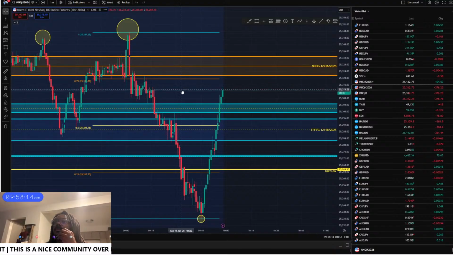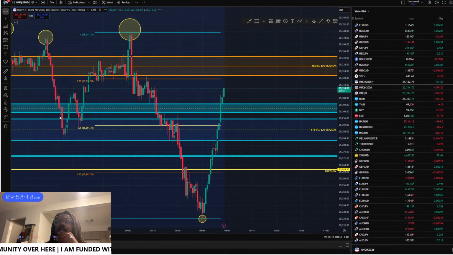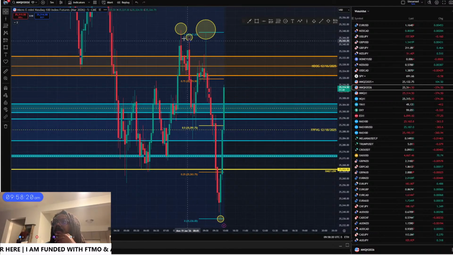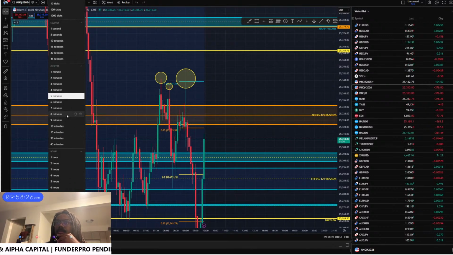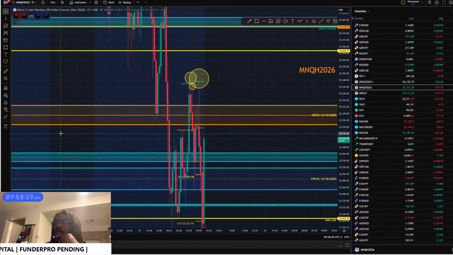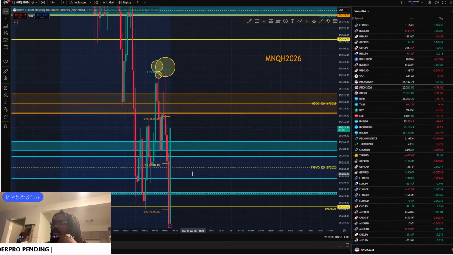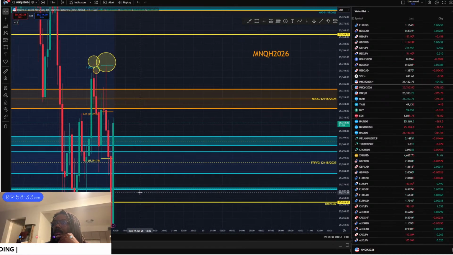But it's still just, I'm still trying to see if it's going to do some type of, is it just going to sweep this liquidity or what? 15-minute time frames look much different.